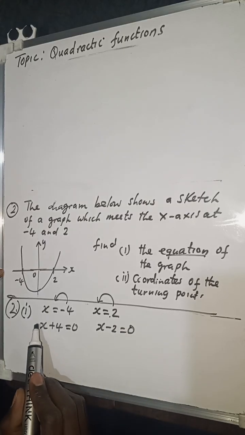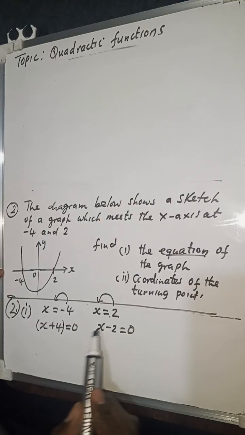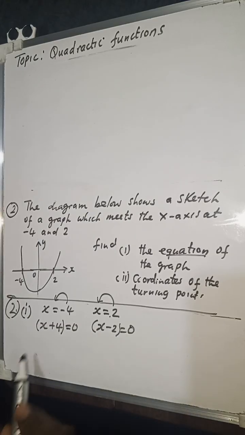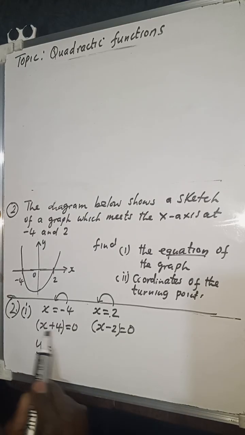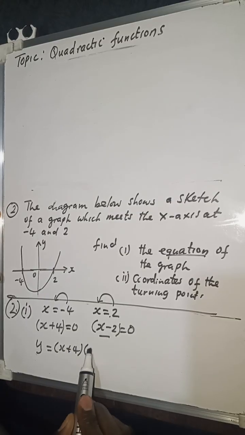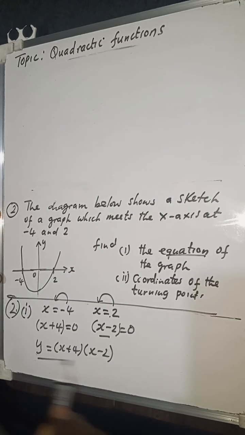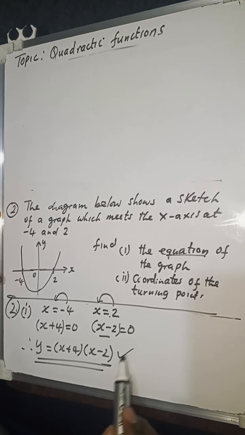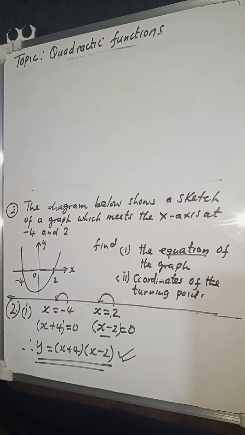So you get this and you get that and just multiply them. So the equation will be y equals this bracket x plus 4 and this other bracket x minus 2. So this is the equation of the graph that we have there. There's nothing really complicated.